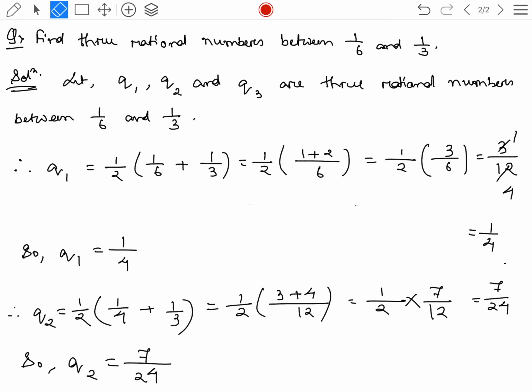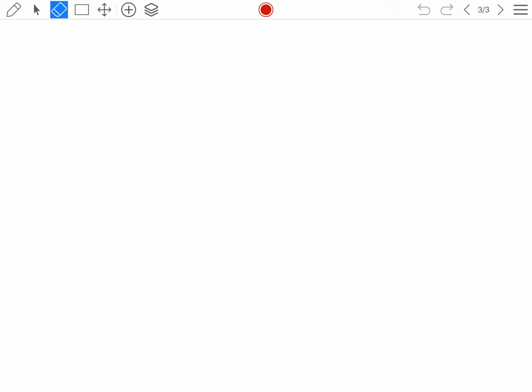Understood? So what we will do, you will write q3, that means the third rational number. So the formula: half into 7/24, yes or no, 7/24 plus 1/3.